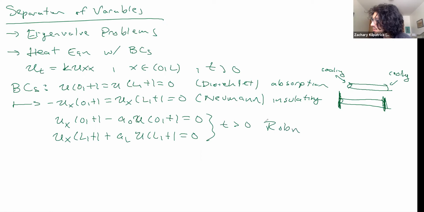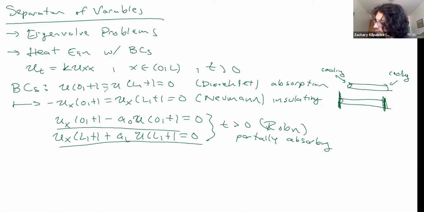Or you might say partially absorbing, which just means that maybe you have some insulating material at the end of your bar or whatever the medium is, but it does not perfectly insulate the material. So you get some leakage of the heat out the side. So, fine, this is a Robin boundary condition.